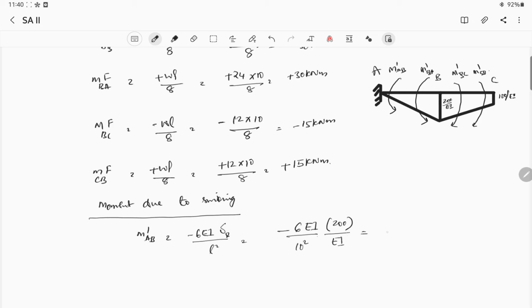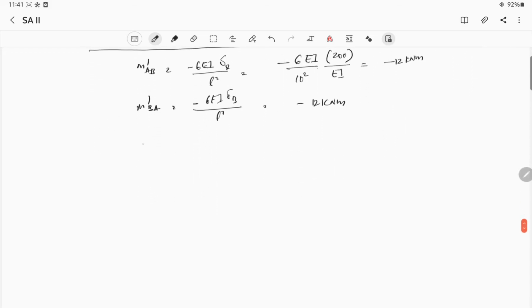Solve this one, you will get minus 12 kilonewton meter. So M dash BA will also be equal to minus 6EI delta B by L square, which is equal to minus 12 kilonewton meter.